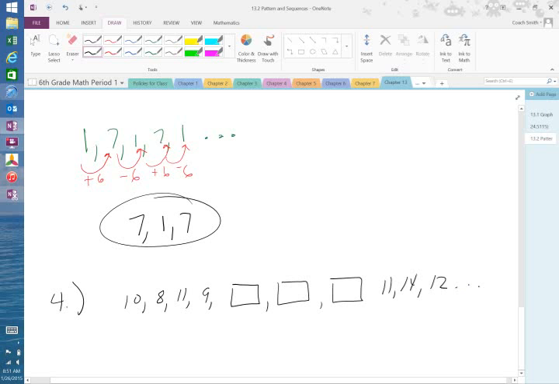So try to figure out what the missing numbers are that go in the box. And there is a mathematical pattern here, as well as a sequence of what they're doing.